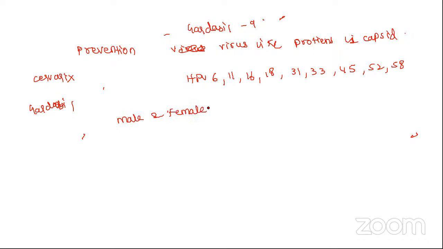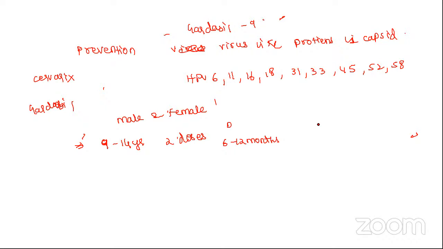Actually, this is included in the vaccination schedule for Americans, but in India, we don't include it in the vaccination schedule. But what you should be knowing is, if you are giving it between 9 to 14 years age group, it is 2 doses, at 0 and between 6 to 12 months.